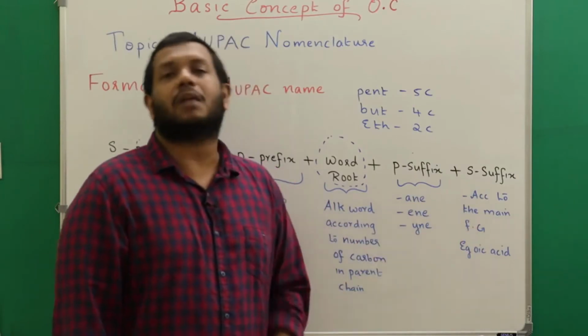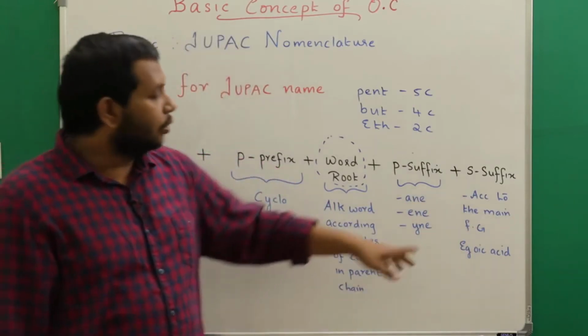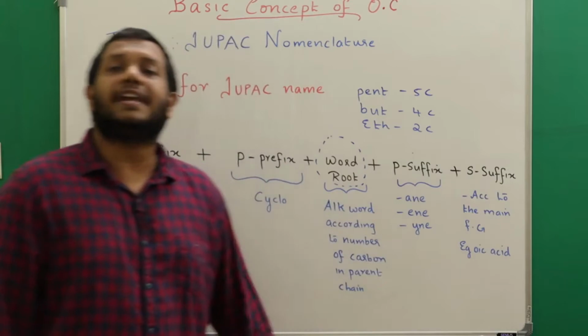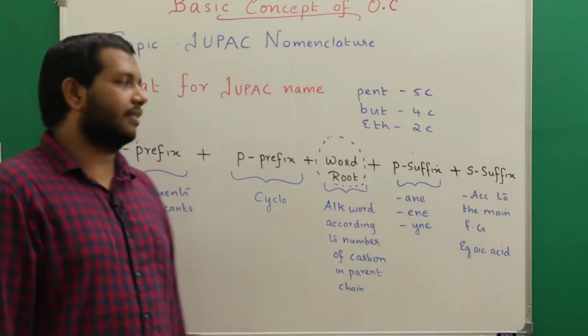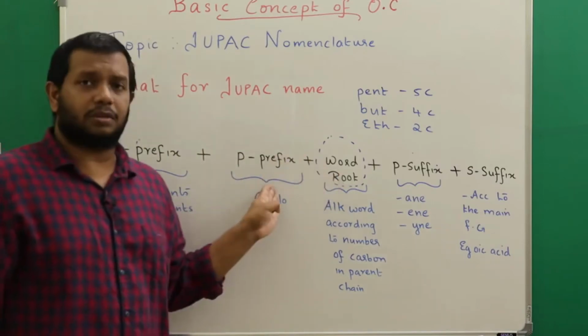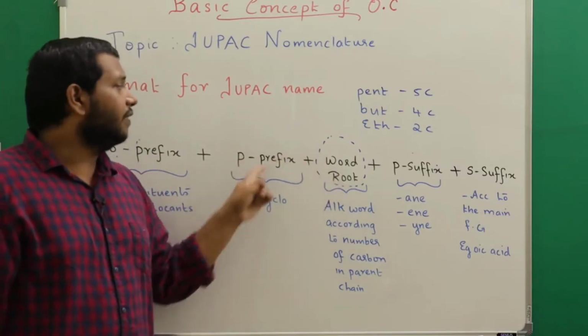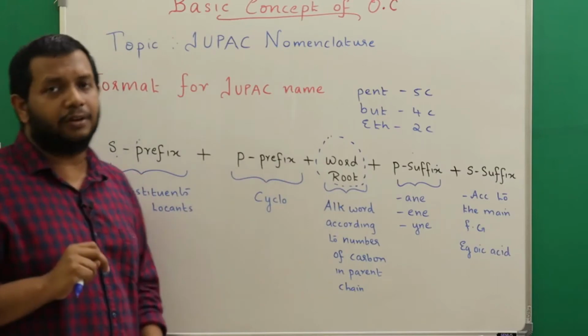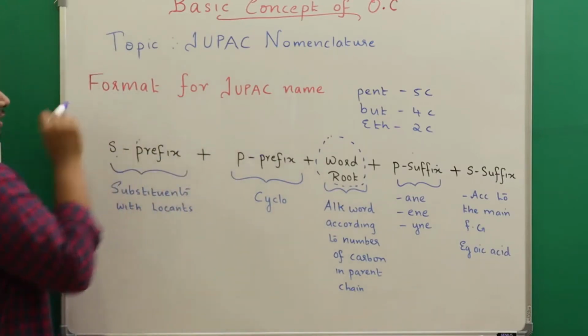Normally, suppose it is a carboxylic acid, COOH, so the suffix used will be oic acid. Now, similarly, before the word root, we will add prefix. Prefix is also classified into two, that is primary prefix and secondary prefix.